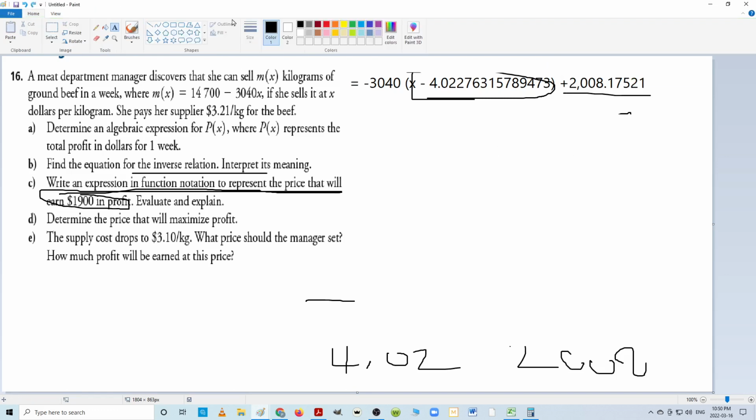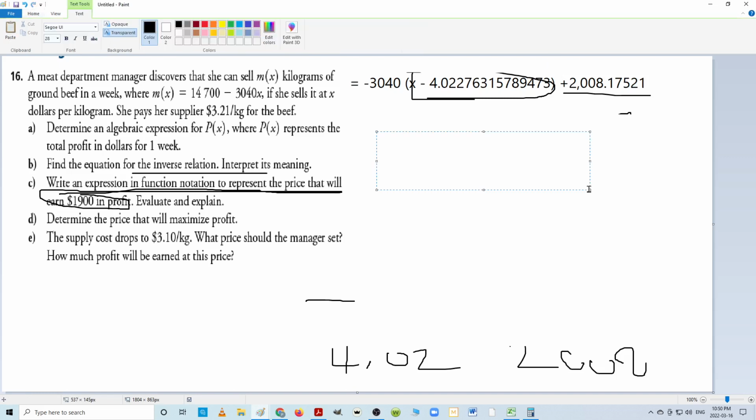And by the way, the inverse would be this. So it would be, instead of profit, revenue based on price, it would be price based on profit. Price of meat based on profit. It would be the square root of x minus 2008. I'm just going to round it up to the penny. And it's going to have a minus in front. And it's all going to be divided by 3040. That's going to be squared.